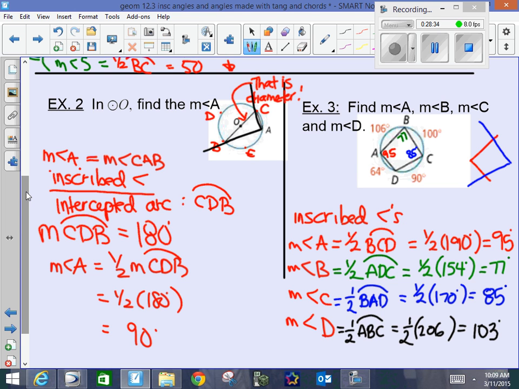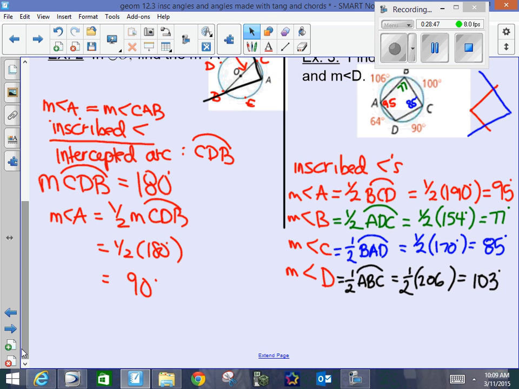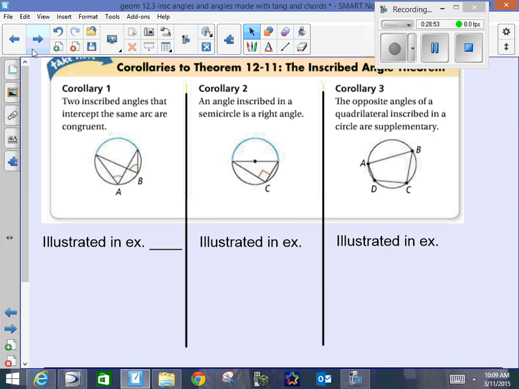Okay. All right. Notice anything about any of those angles? Do they have anything in common? Anybody see anything? Okay. We'll come back.